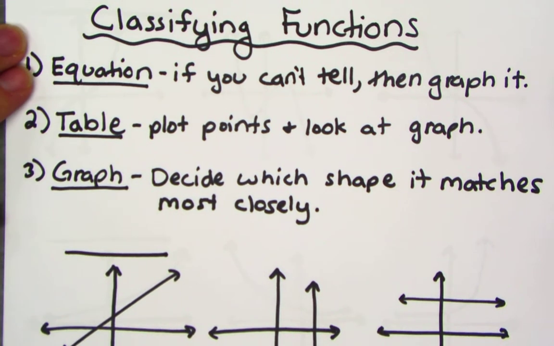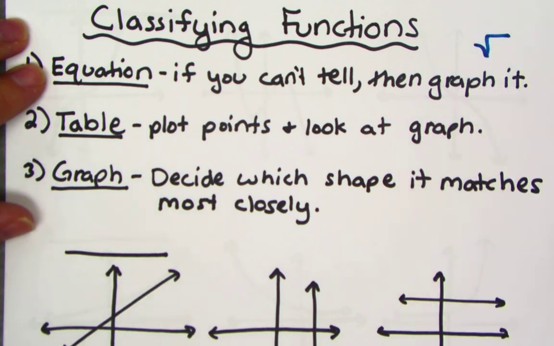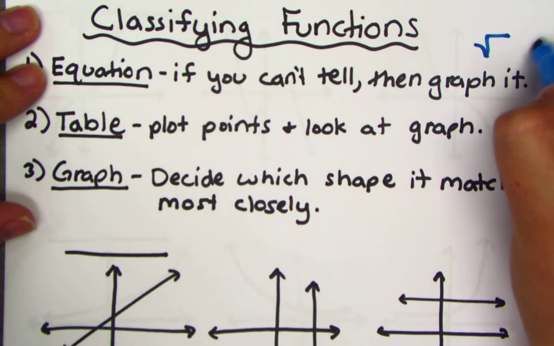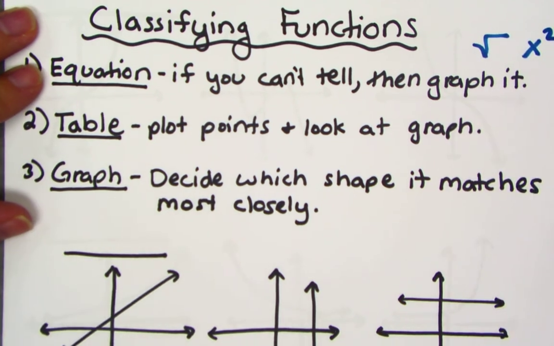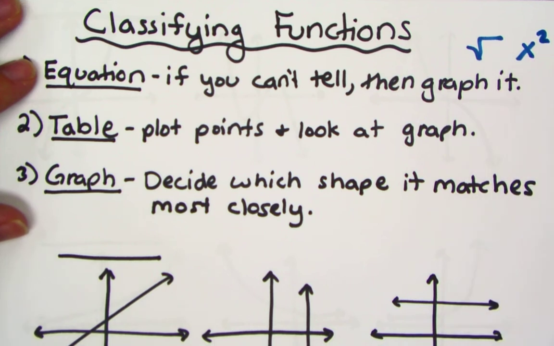Now, if you have the function in equation form, sometimes you can tell. For example, if there is a square root, then you know that it's a square root function. If there's an x squared, and that's the highest exponent in it, the 2, then it's a quadratic. So sometimes you can tell in equation form.